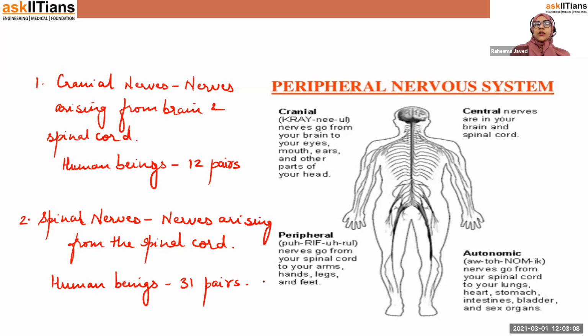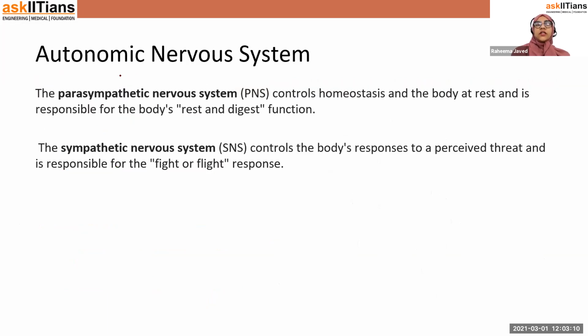So let's move on to the next type of nervous system, which is the autonomic nervous system. The autonomic nervous system is involved with the involuntary changes that take place inside our body during any kind of emergency or when the body is at rest. It has two branches, the parasympathetic and the sympathetic nervous system.